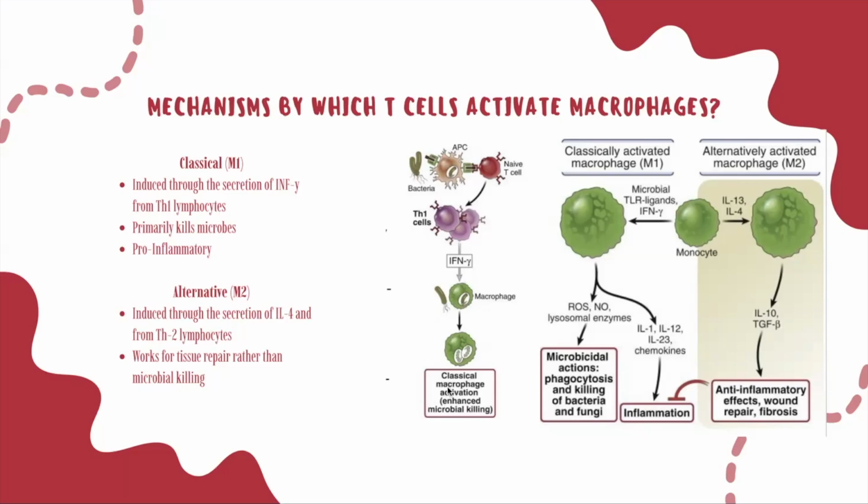These macrophages are pro-inflammatory phagocytes that kill ingested microbes. The second being M2, which is induced by the Th2 cell and is driven by interleukin 4 and interleukin 13. These macrophages serve in tissue repair and are not microbial killing.